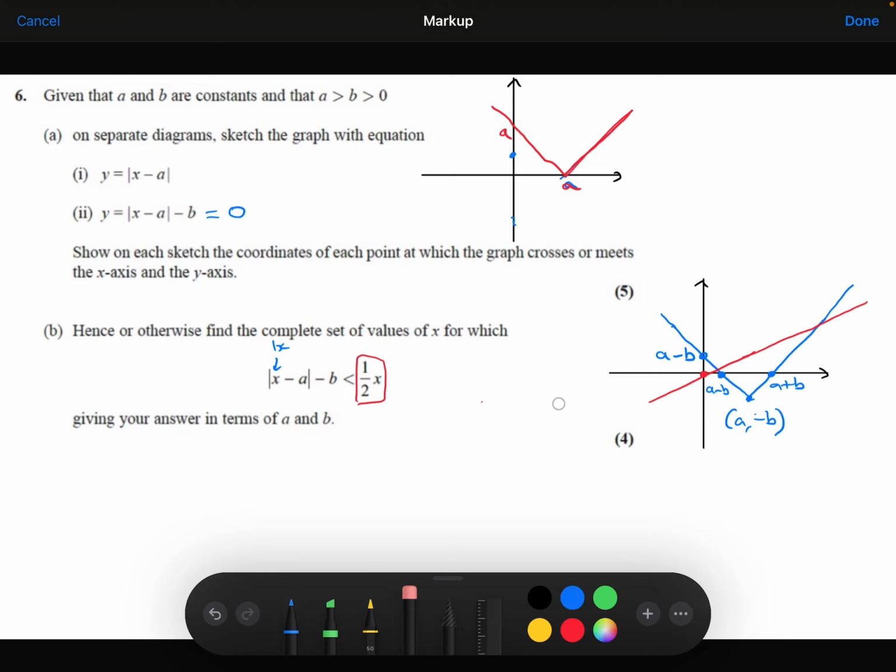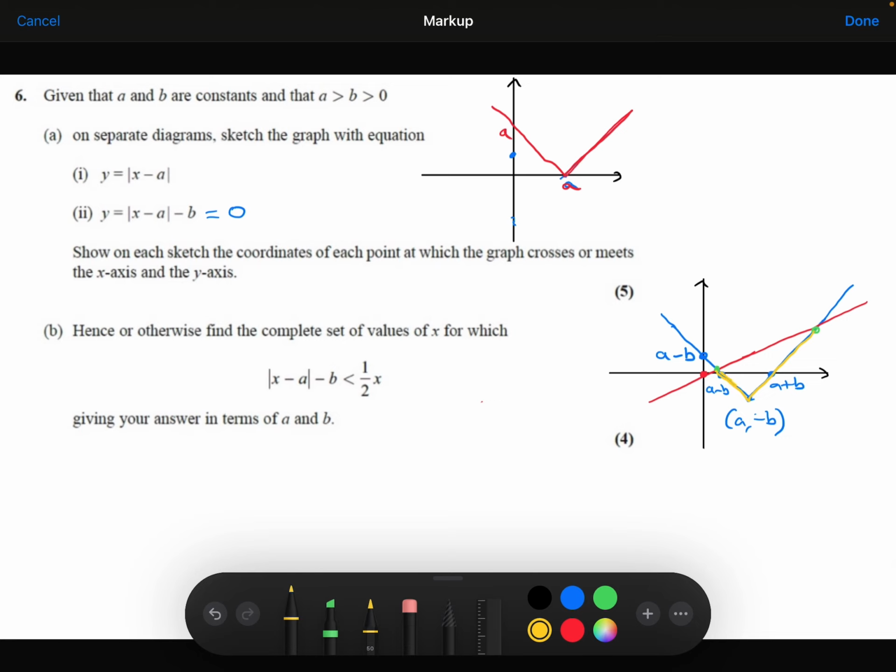So, looking at my graph, I can see that they are equal to one another here and here. And everywhere between those values, the blue function, so the modulus of x minus a, minus b, is less than the half x.